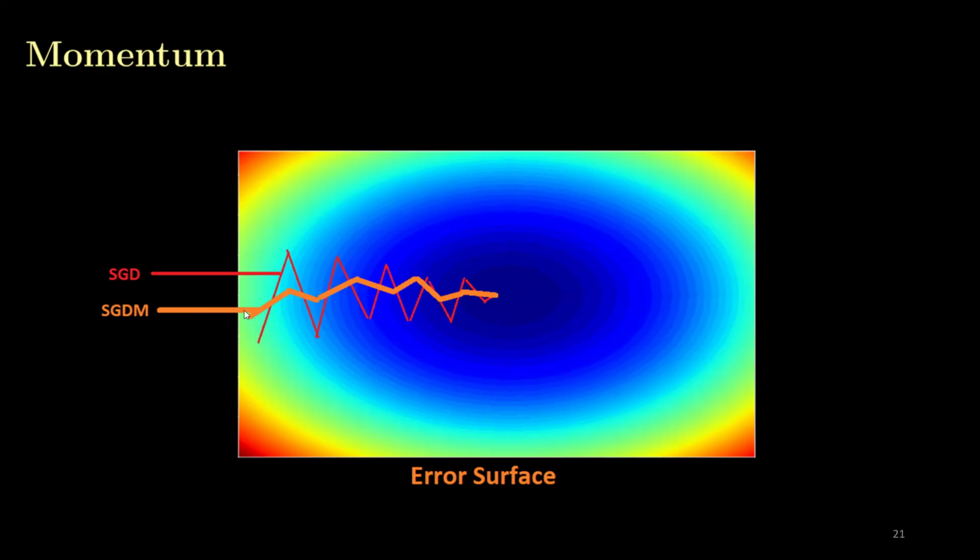With the help of momentum, it reduces the vertical fluctuation and it increases the horizontal speed. So with the help of momentum, the optimization algorithm reached the destination, that is the point where the loss or the error value is minimum, very fast as compared to the condition when there is no momentum. So momentum speeds up the process and smoothens the process of updating the weights.